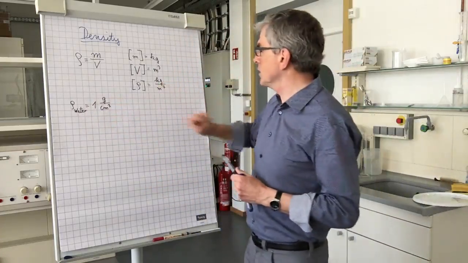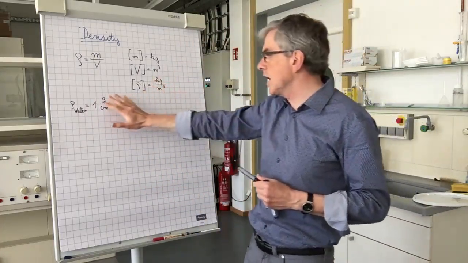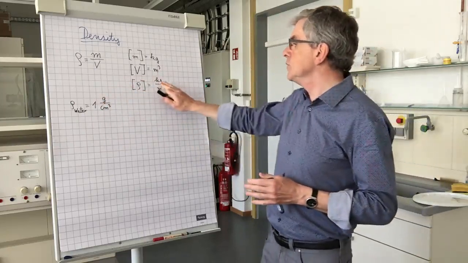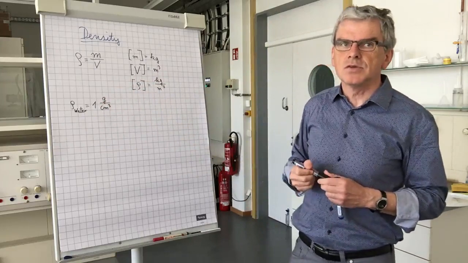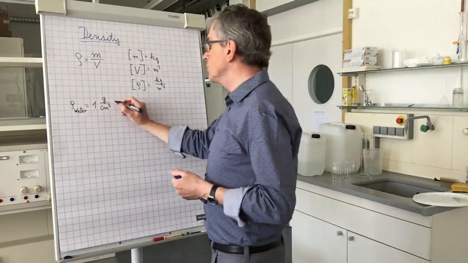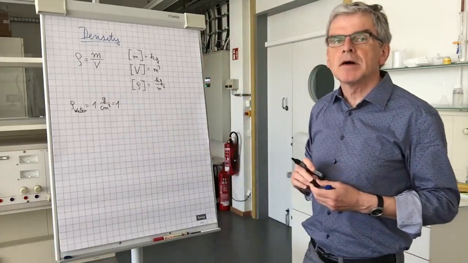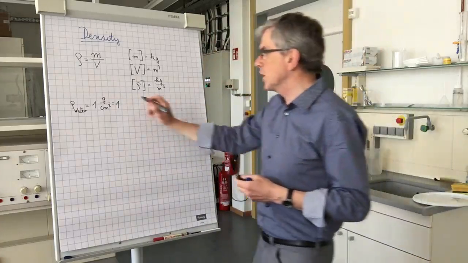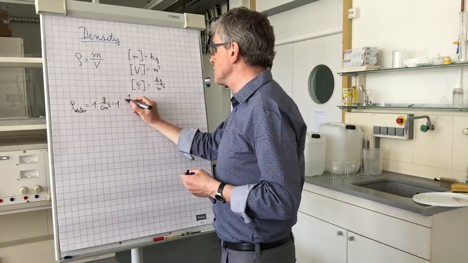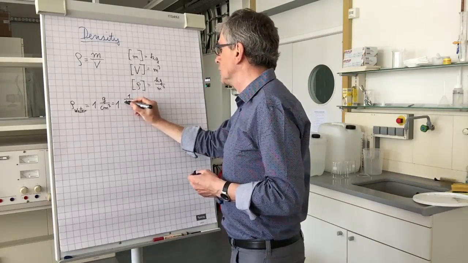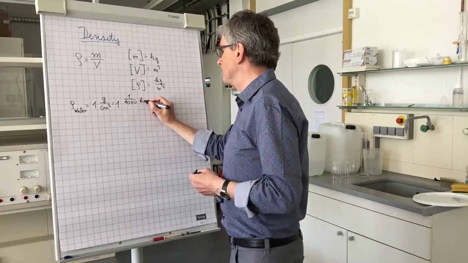This is, of course, not in the SI unit, or as a derived unit from the SI unit, however, not really expressed in the base SI units. So in order to convert it, we have to replace the gram by the kilogram. And 1 gram is, of course, 1,000th of a kilogram.